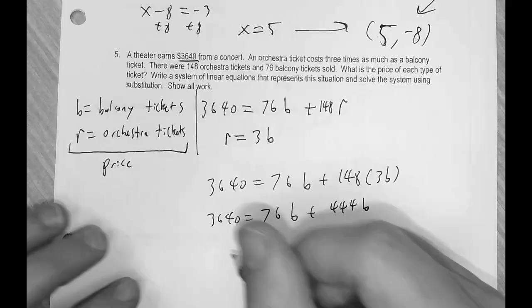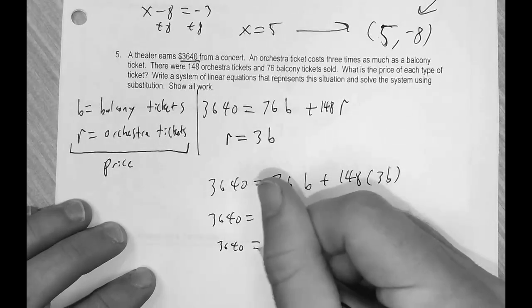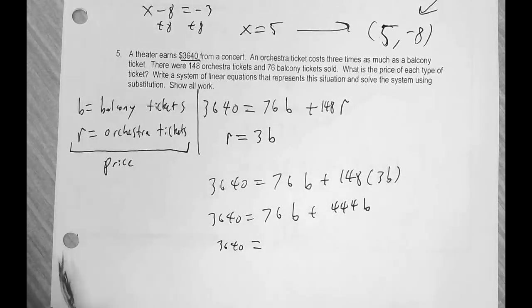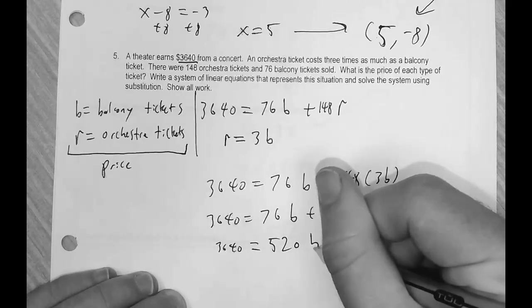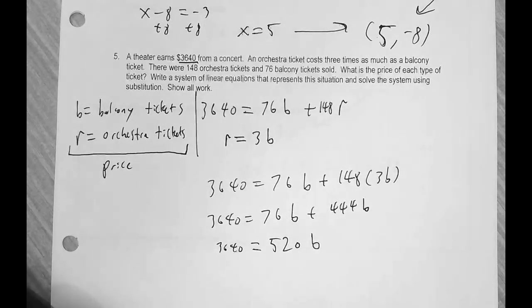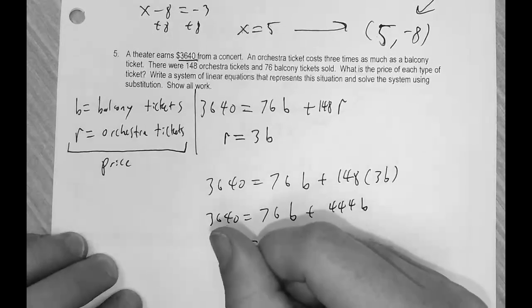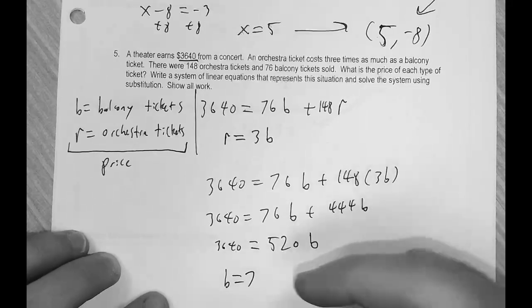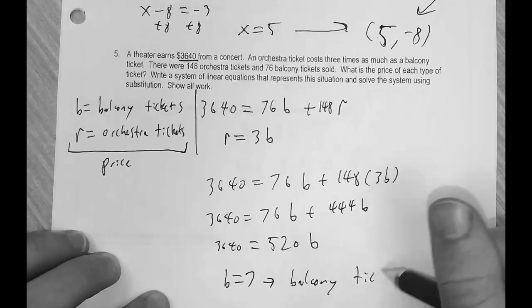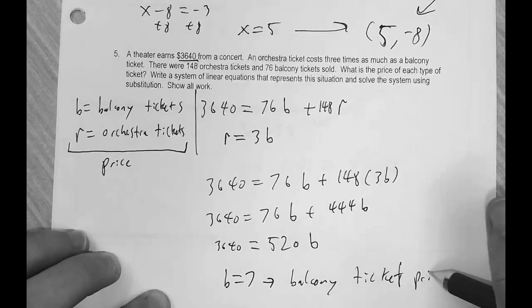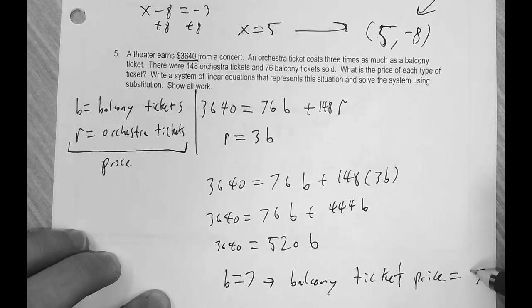Then we're going to combine these, so it's 3640 equals 76 plus 444 is 520. And so 3640 divided by 520, that's 7. So B, basically a balcony ticket price was $7.